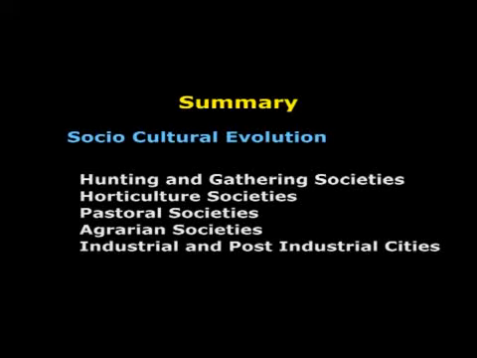Now, I will sum up the lesson. In the first part of my lecture, I explained to you different stages of socio-cultural evolution, which included hunting and gathering societies, horticultural societies, pastoral societies, agrarian societies and industrial and post-industrial societies.